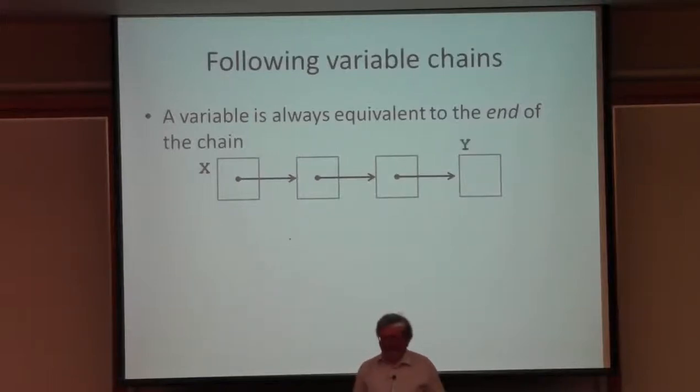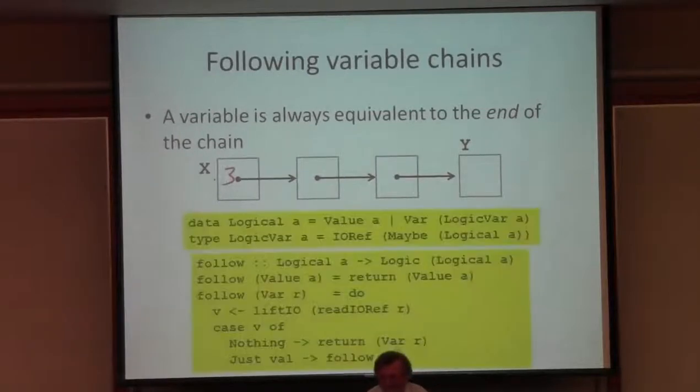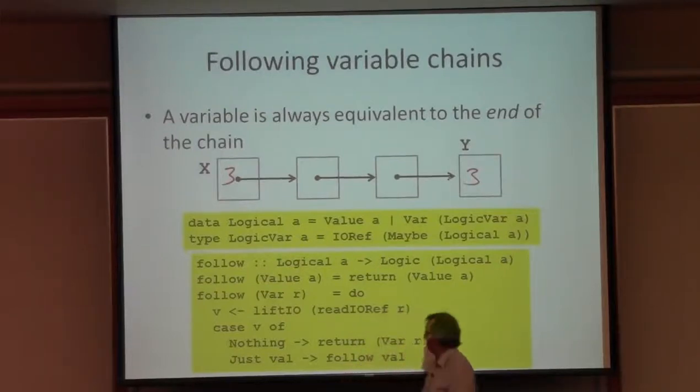If we have a chain that ends in an unfilled variable, then we should treat x as in every way equivalent to y. So in particular, when we find out that x should be 3, we shouldn't put the 3 here. That would be wrong. We should put it here. So following these chains is important, and I'm going to have to program that, of course.